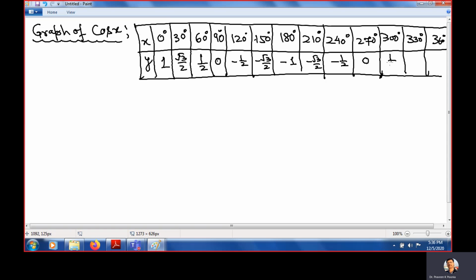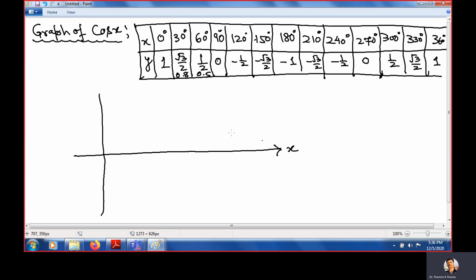Clear? And then 1 upon 2, root 3 upon 2, and cos 360 is 1 again. Clear? So root 1 upon 2 is 0.5 and root 3 by 2 is 0.8. That we found in the previous slide when we were drawing the graph for sin x.